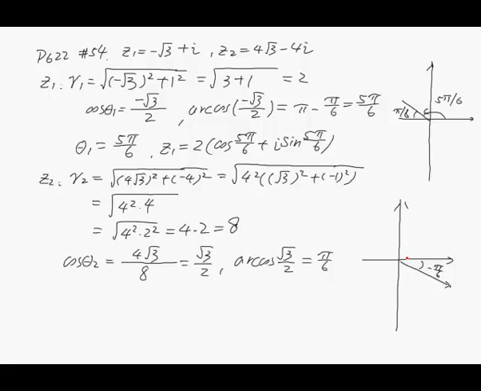So actually the argument, this guy, right? So theta 2 is equal to this 2 pi plus this negative pi over 6. Okay, and then this is equal to 11 pi over 6.